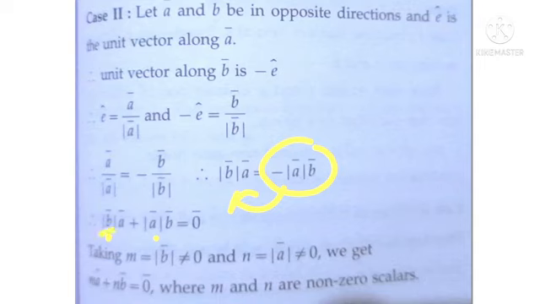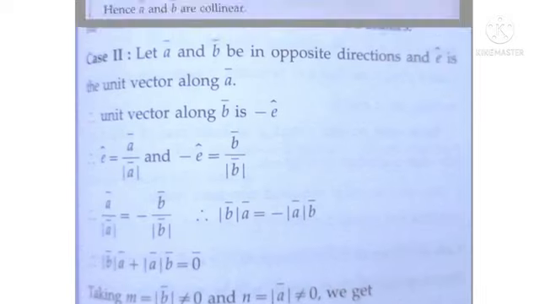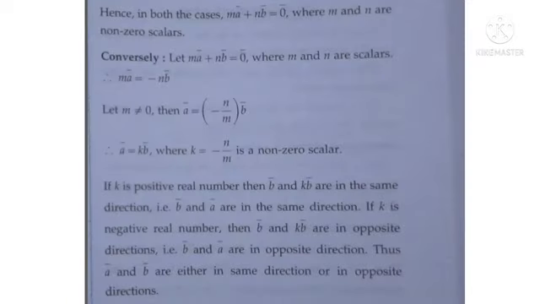We suppose here magnitude of b bar as m and magnitude of a bar as n, so we get m a bar plus n b bar is equal to 0 bar, where m and n are non-zero scalars. Okay, very easy. Hence we have proved both the cases. We have proved m a bar plus n b bar is equal to 0 bar.